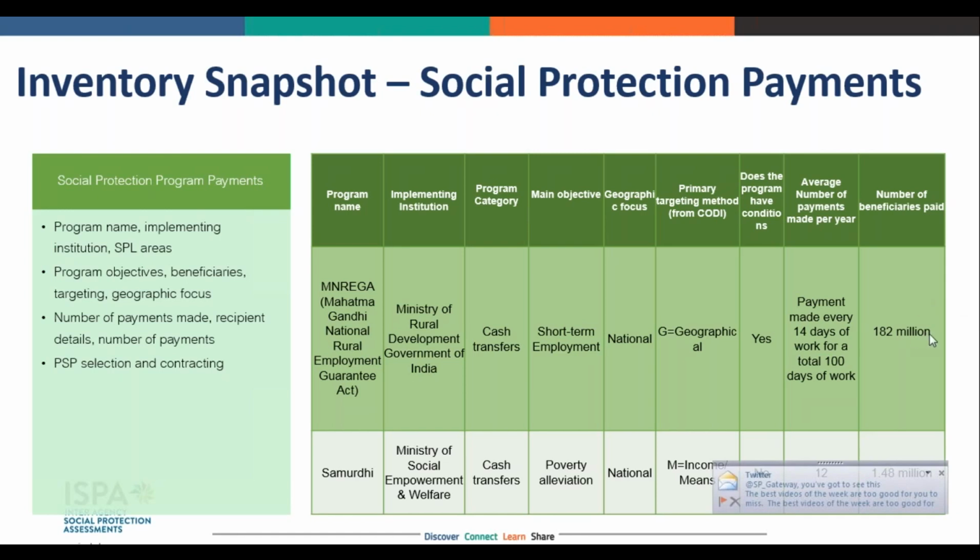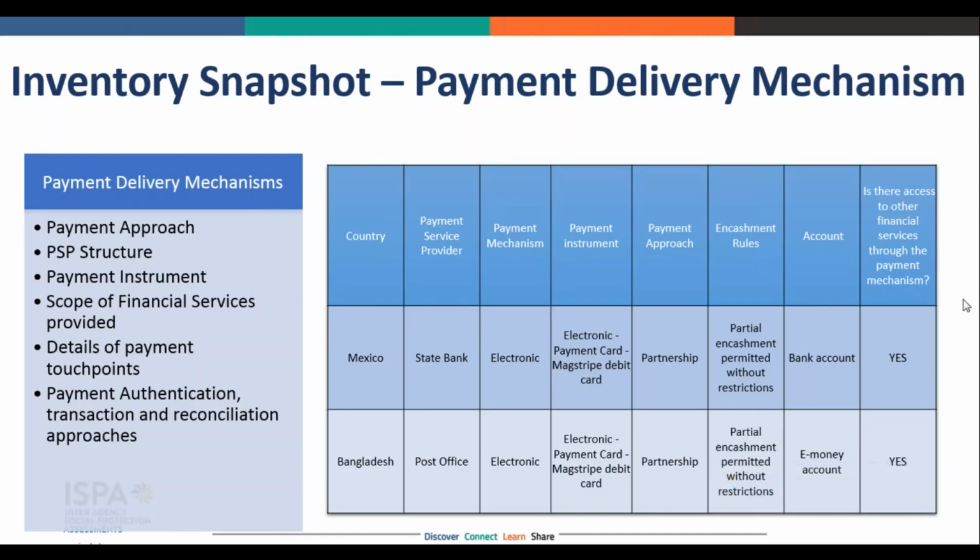If we move on to the next slide. This is looking at the payment delivery mechanism within an individual program. Here we have examples from Mexico and Bangladesh. There are nearly 40 countries within the inventory that we have completed.